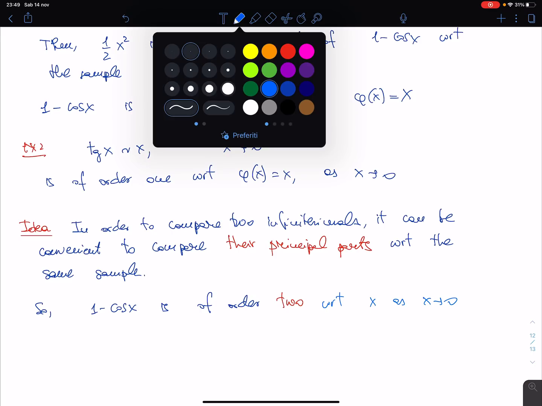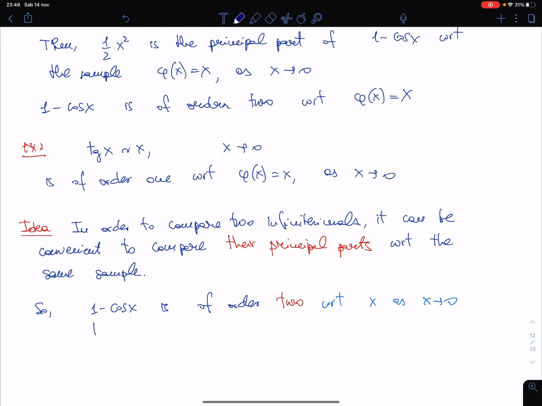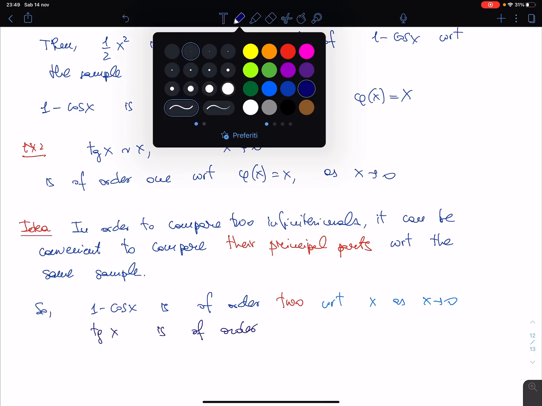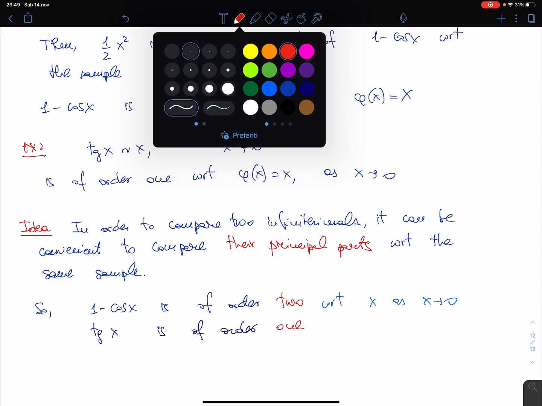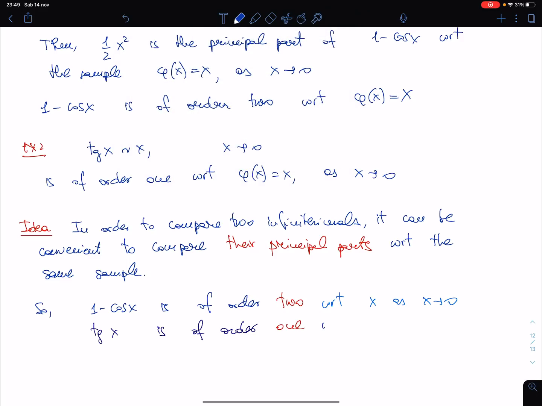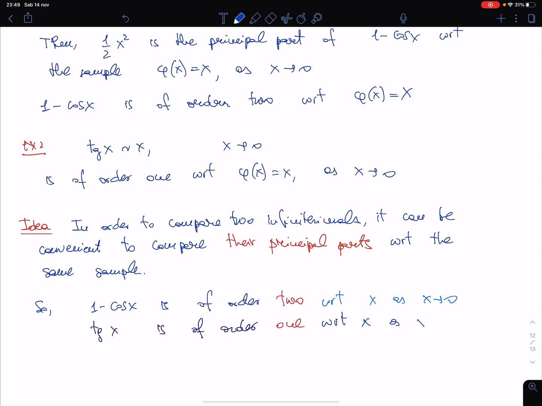Tangent of x is of order 1 with respect to x as x goes to 0.